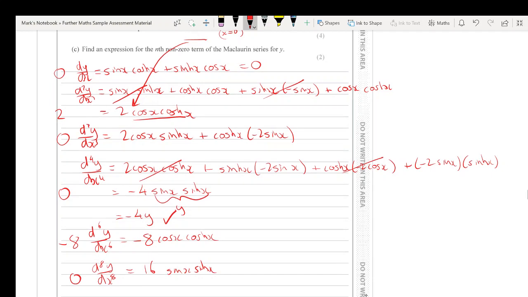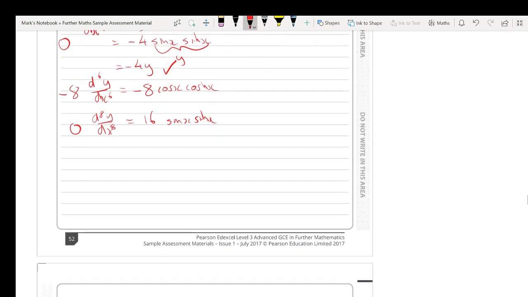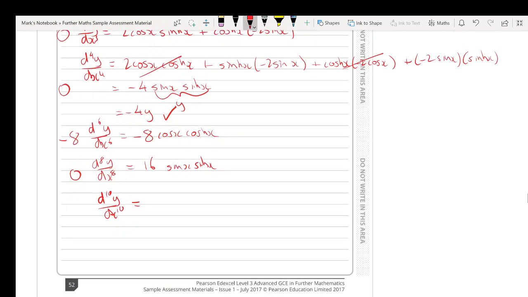So the next one we're going to get is when we eventually get to d10y by dx to the 10, and sin x goes, it times by 2 to get to the cos x term. So from this one to this one, it was 2 times bigger, so from this one to the cos term it's going to be 2 times bigger, so it's going to give us 32 cos x, and that will give us 32 when we stick in 0 into those.